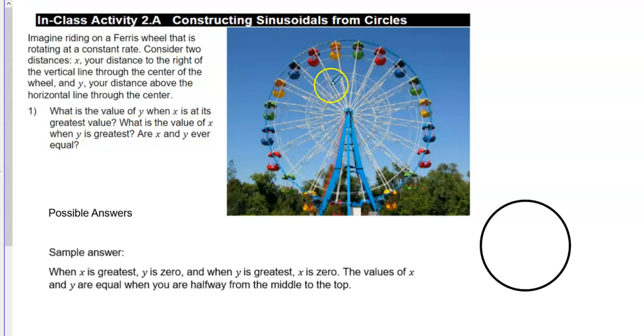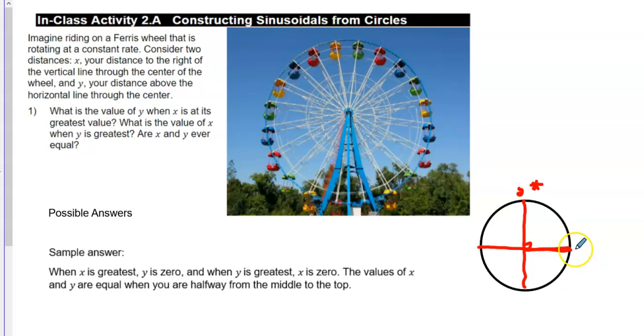Your answers to these questions may vary, but let's consider a possible answer. On the right, let's assume that this is the path of the Ferris wheel. We have a horizontal line passing through the middle and a vertical line above. Now, this is the vertical line that we want to consider, and that to the right is the x that we want to consider.